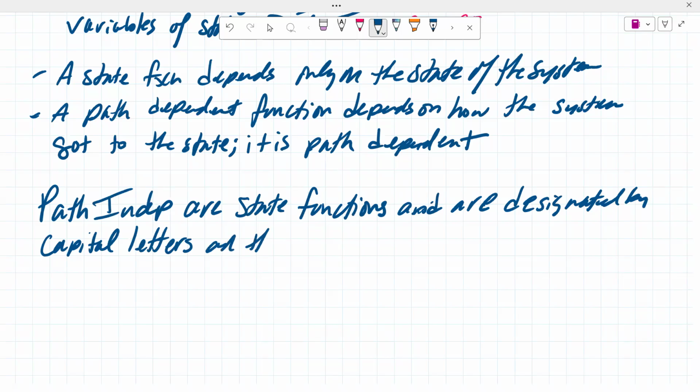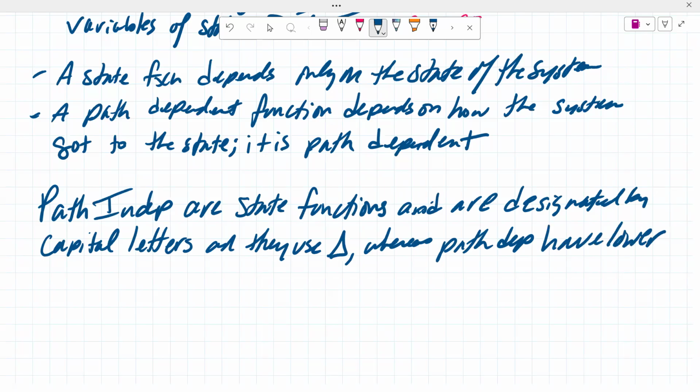And they use delta instead of the lowercase delta. Path-dependent ones have the lowercase letters. Wow, it's like programming. Case matters in thermodynamics.